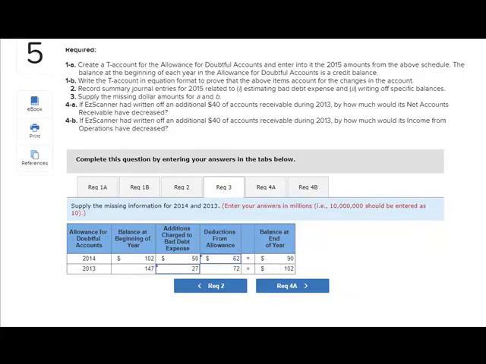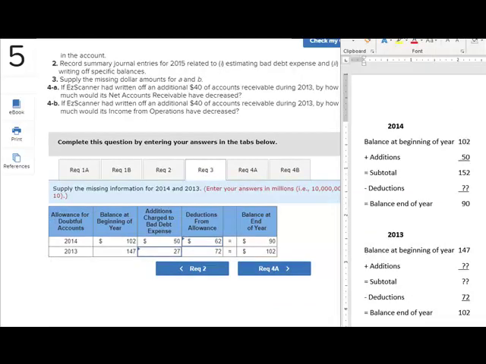So in requirement 3, there are 2 missing amounts. And now we're dealing, by the way, with the years 2014 and 2013. And so to figure out the missing amounts, starting with 2014, I set up this equation.